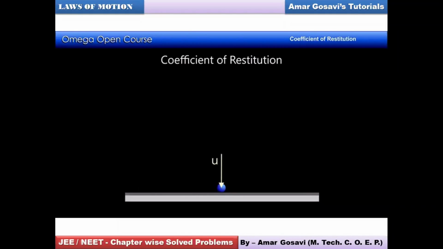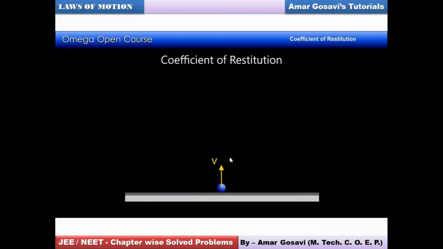Let's talk about coefficient of restitution. Now let's put it in the form of equations here. Say a ball is moving vertically down and hitting the floor. So the initial velocity was, say, u in this case. And then obviously after hitting, the final velocity will be v.